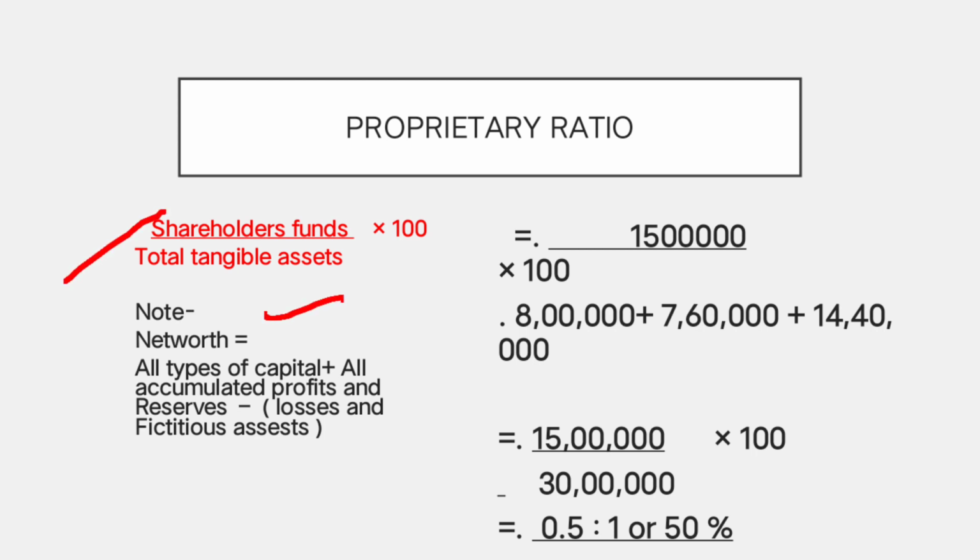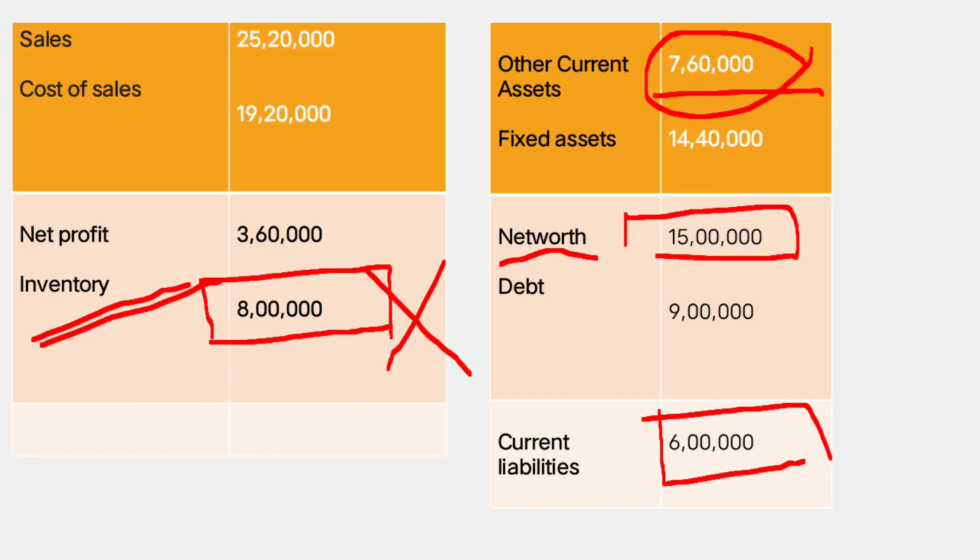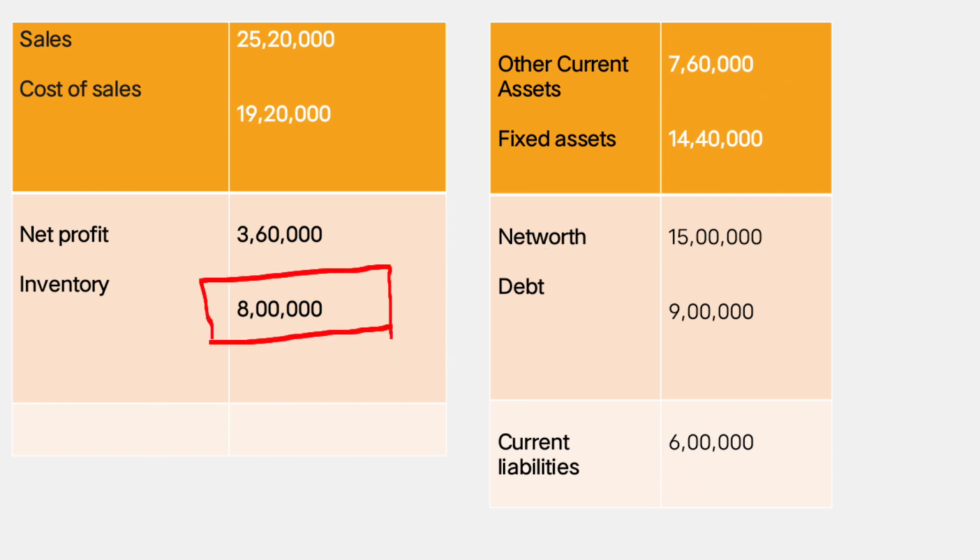So take net worth, 15 lakh, in place of shareholders' fund, divided by total assets. What are the assets we have here? Inventory 8 lakh, current assets 7,60,000, fixed assets 14,40,000.